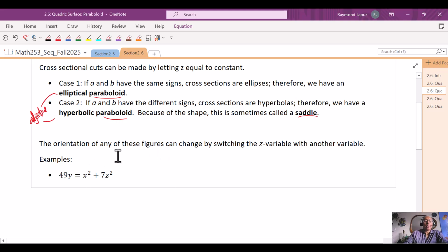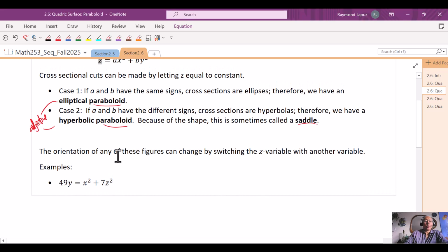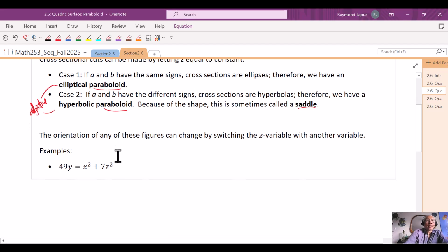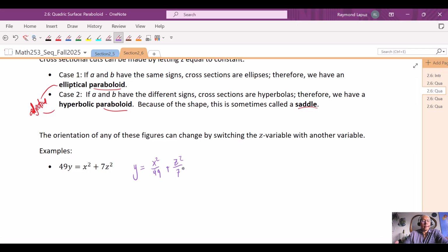If I were to write this so that y was by itself, I can see that this isn't that big of a deal either, but we'll take a look at solving for y by itself. y is equal to x squared over 49 plus z squared over 7. So whatever this is going to look like, it looks like it's just going to be a bunch of ellipses, right?